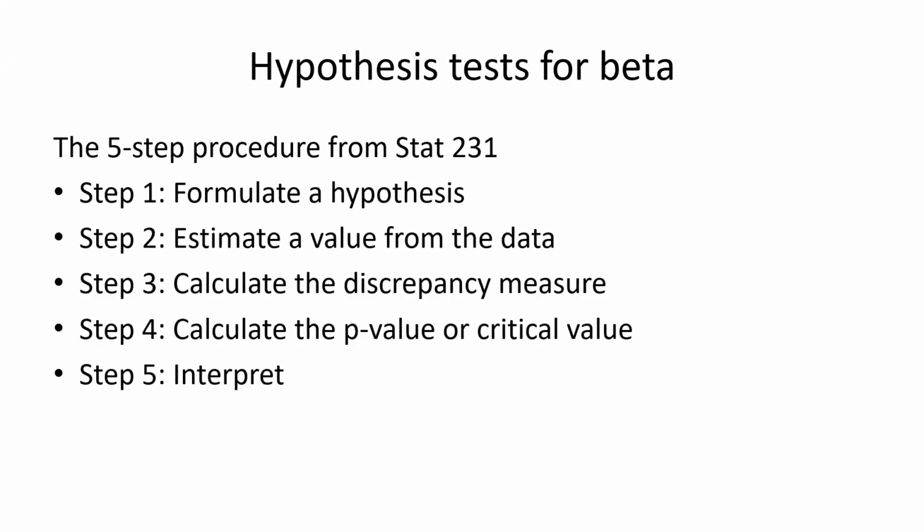In Stat 231, you heard about a rule-based 5-step hypothesis testing procedure. Here we have: formulate the hypothesis, meaning beta 3 equals, say, 5. Then estimate the value from the data. Beta 3 actually turns out to be 7. Step 3, calculate the discrepancy measure.